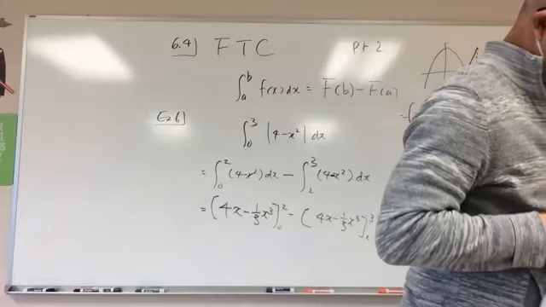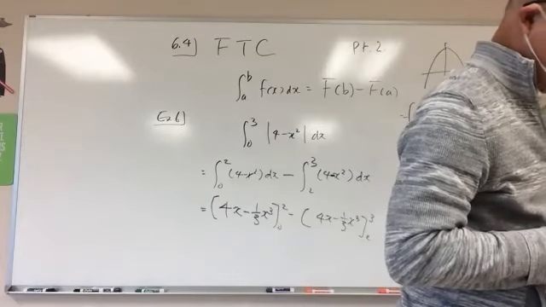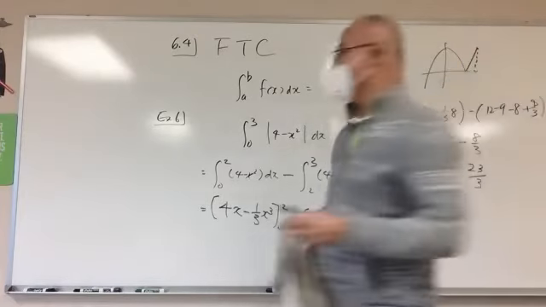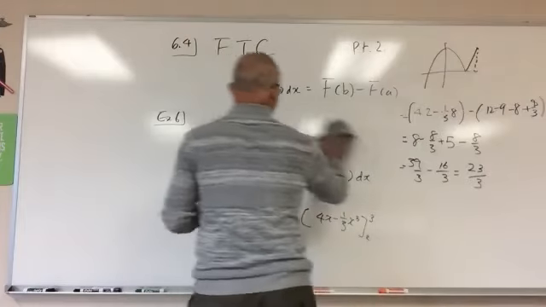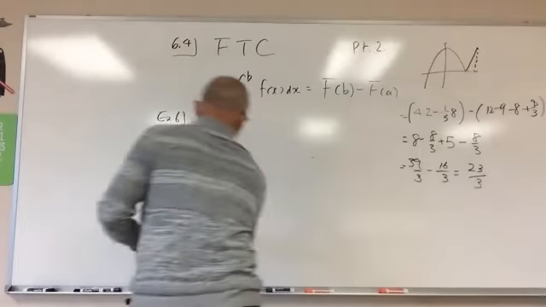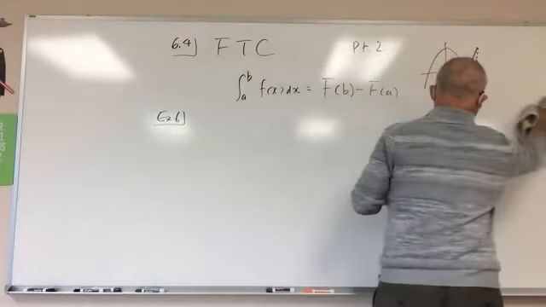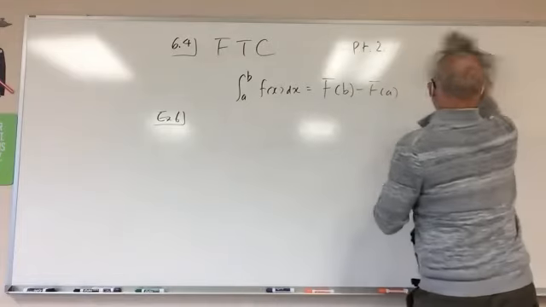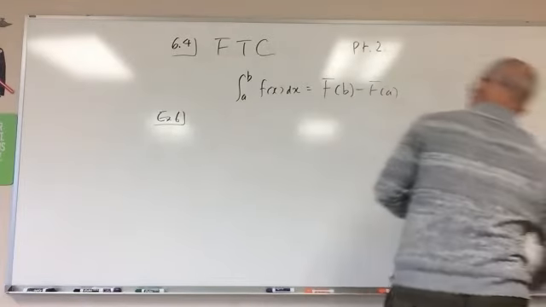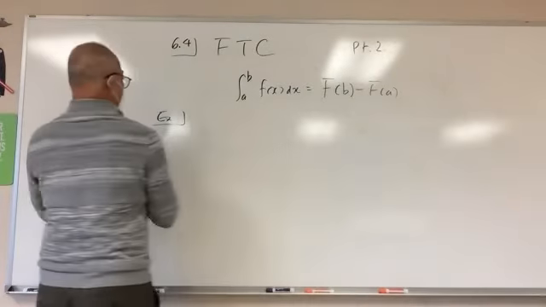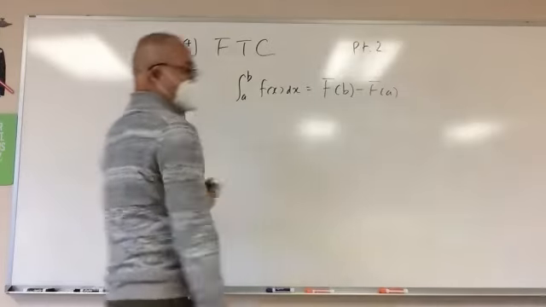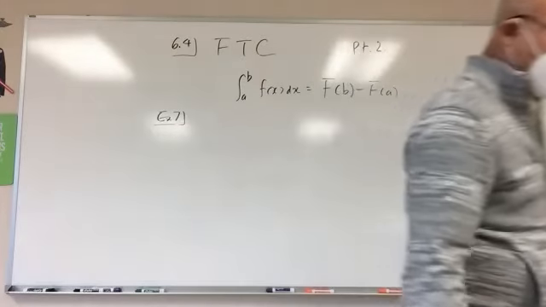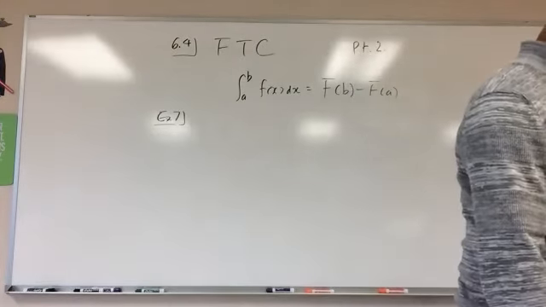Okay, that's number 6. Example number 7, you're going to let us do FNINT. Oh, there's a green box there first.